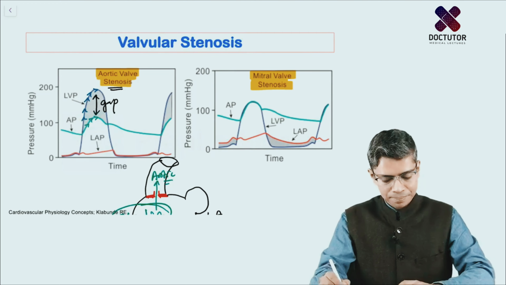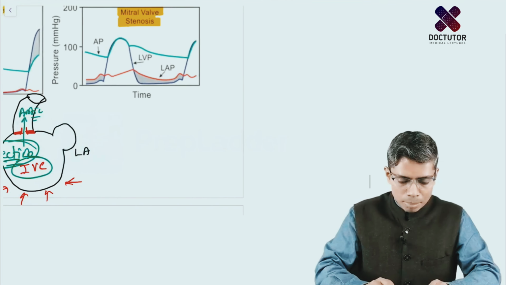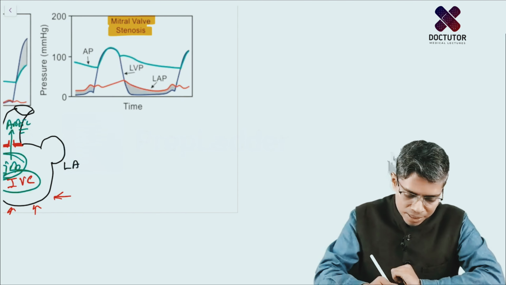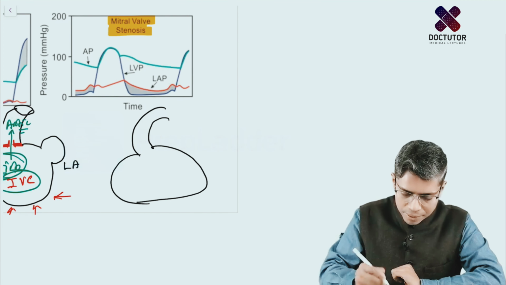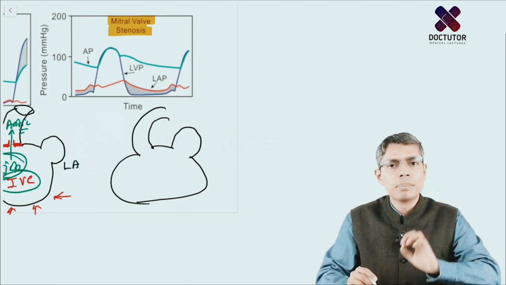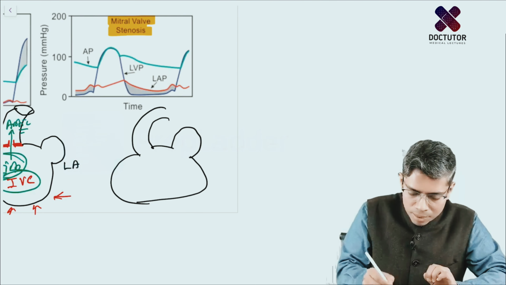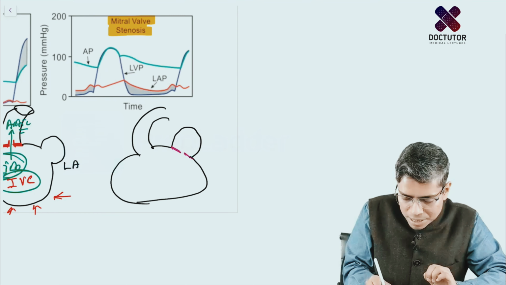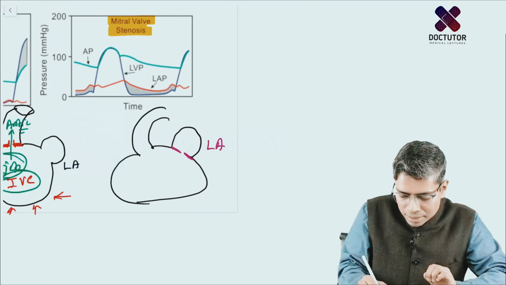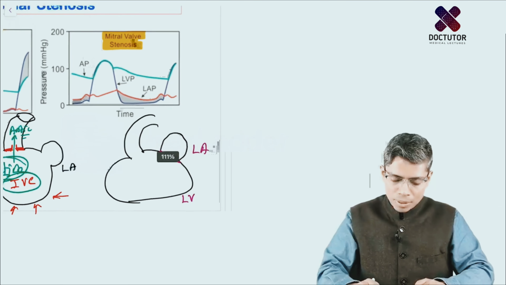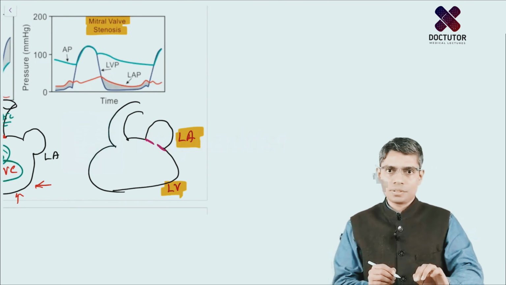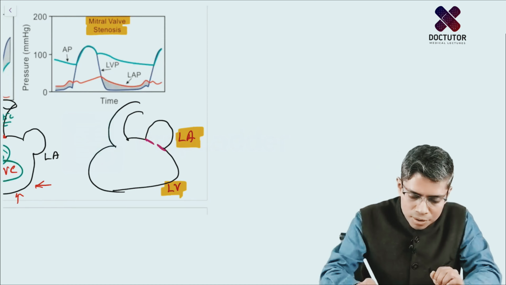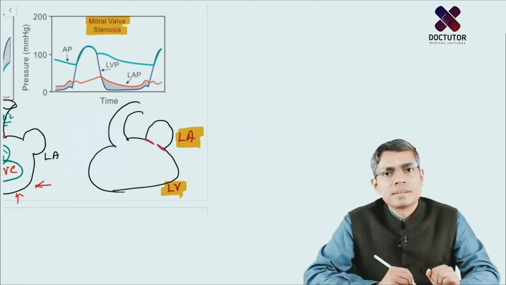Now, if I ask you about mitral valve stenosis, how am I going to imagine it? This is my arch of aorta, this is my left ventricle, and the left atrium is here. For mitral valve stenosis, the problem is arising between the left atrium and left ventricle, so I have to look at the left atrium pressure changes and left ventricular pressure changes, because the stenosis is at the level of the mitral valve.